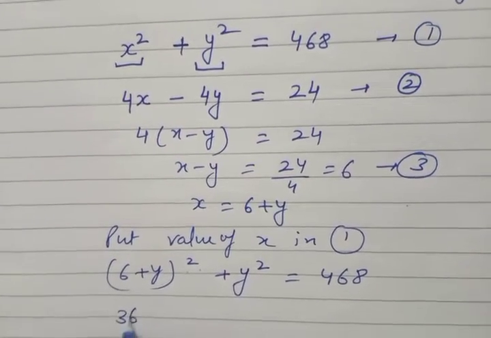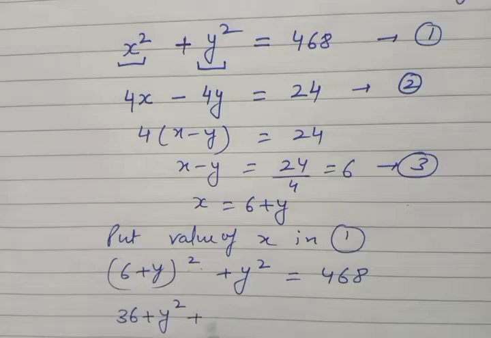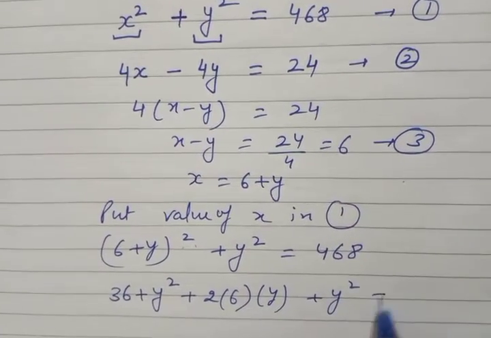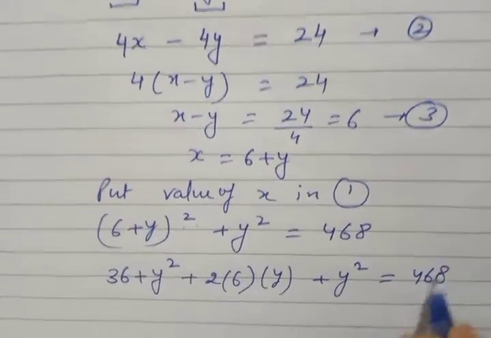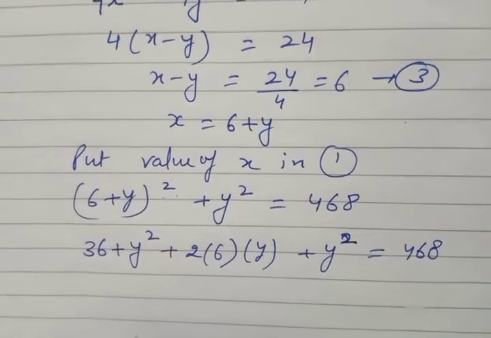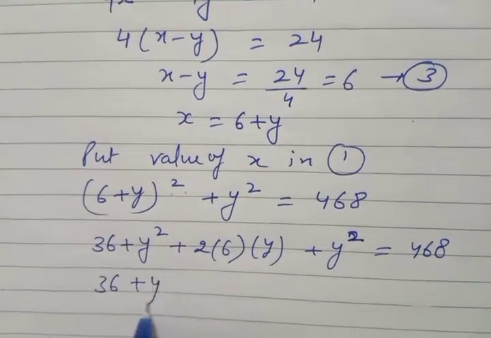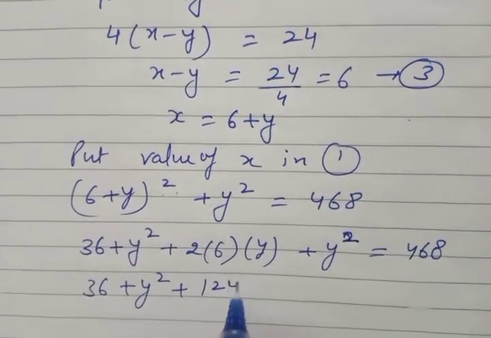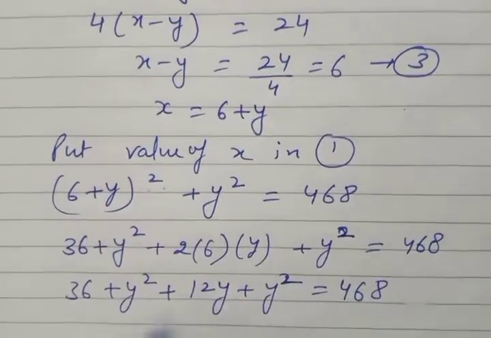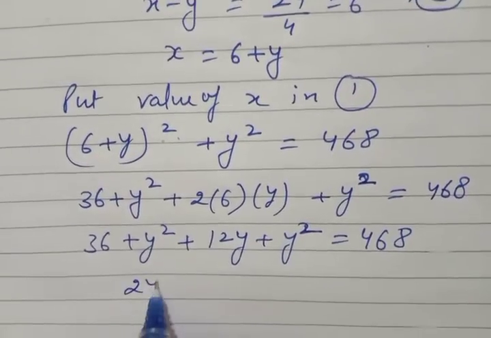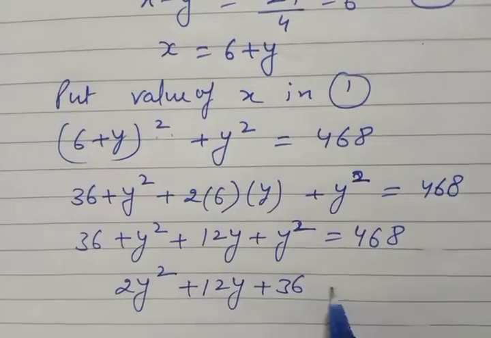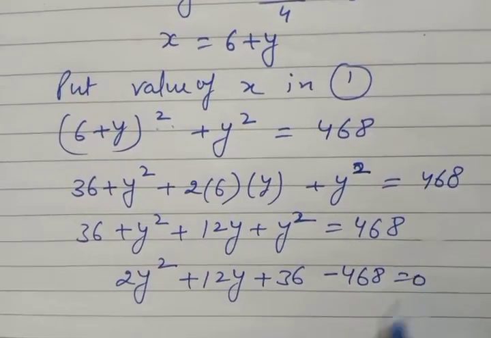After solving it, it's a square plus b square plus 2ab plus y square is equal to 468, because it is whole square, so we need to apply the formula for whole square. Now we'll solve it. 36 plus y square plus 12y plus y square is equal to 468. After solving it, we'll get 2y square plus 12y plus 36 minus 468 is equal to 0.